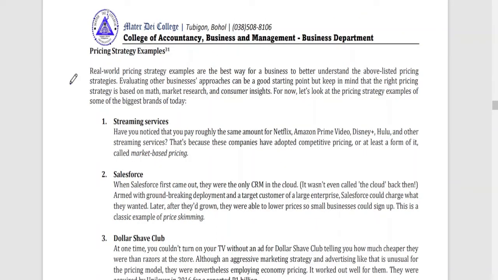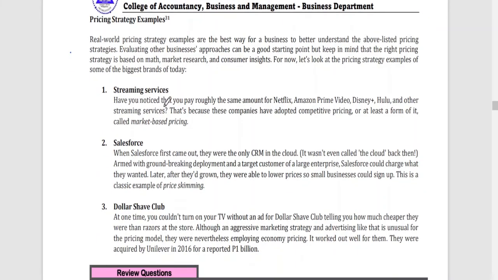So, here are some real-world pricing strategy examples. Okay, so for streaming services, we have Netflix, Amazon Prime Video, Disney Plus, Hulu, and other similar streaming services.